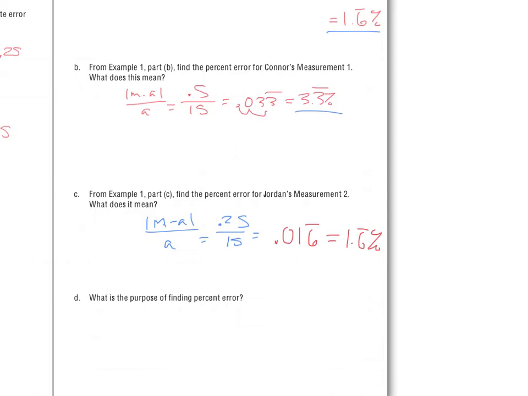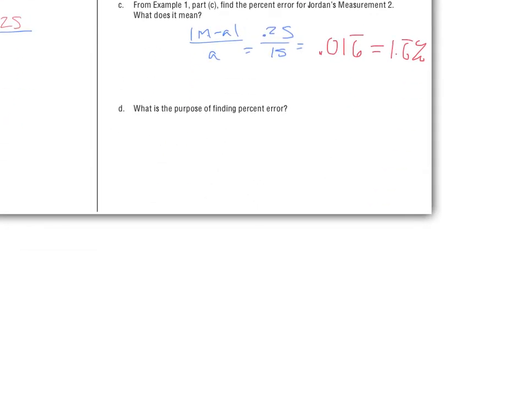So part of the purpose of finding percent error is to allow us to compare even when errors are in different directions. The other purpose is, again, thinking back to that conversation about it, a 1 inch difference on a beach ball is not the same as an inch difference on a small 1 inch bouncy ball.